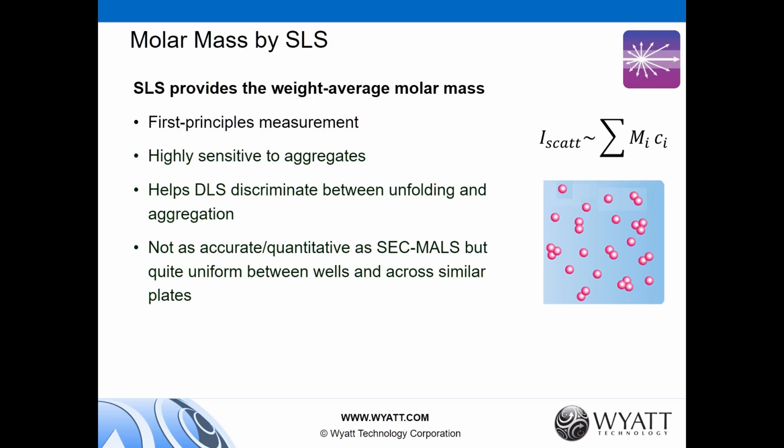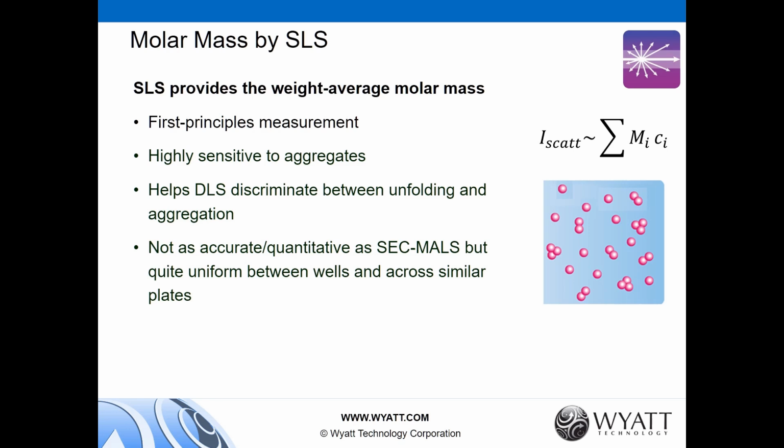Static light scattering will determine molar mass, and it provides the weight average molar mass. So if we're not doing a separation as we do in SEC-MALS, then basically we're getting what's known as a weight average molar mass of all the species present in solution. It is a first principles measurement. We determine the concentration independently, input that to the software, and combined with the scattered intensity, we will get the weight average molar mass.